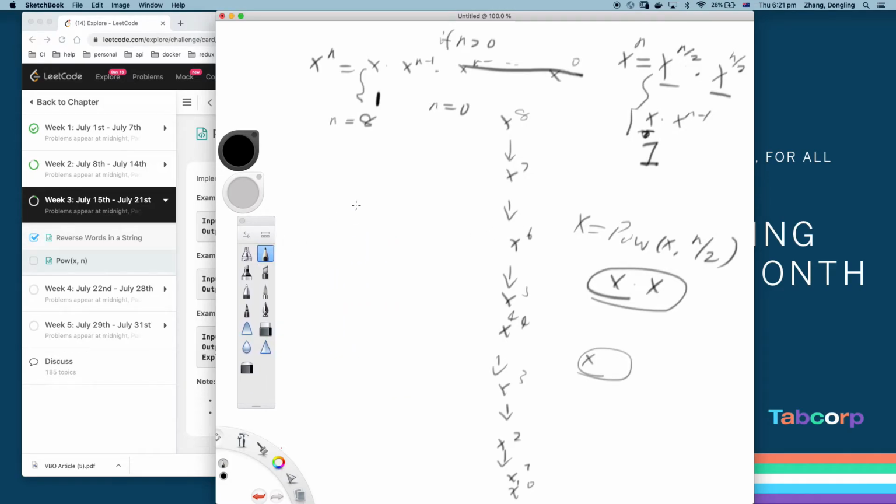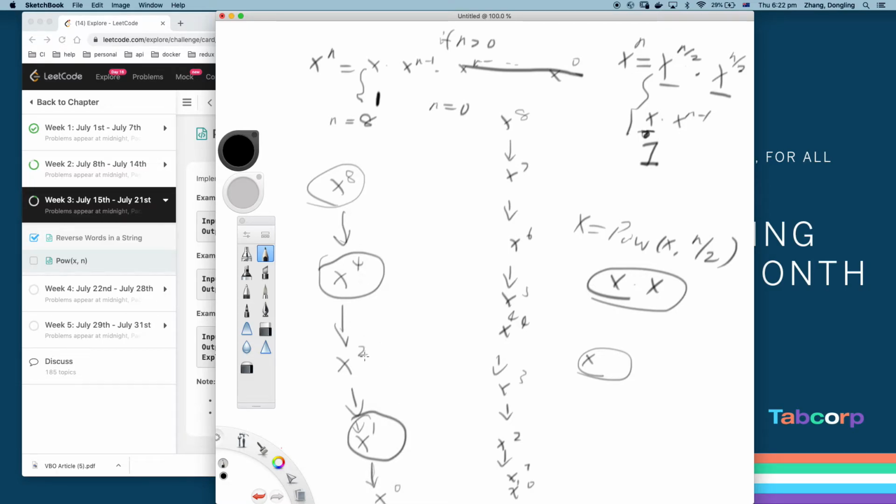I just write it in here. If it is x to 8 we started, then we calculate x to 4, then x to 2, then x to 1, until x to 0.